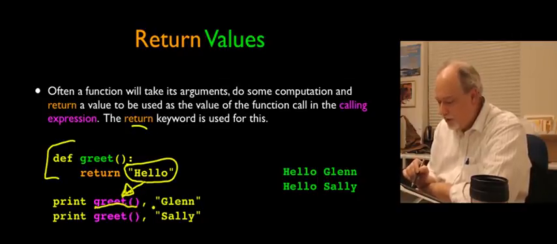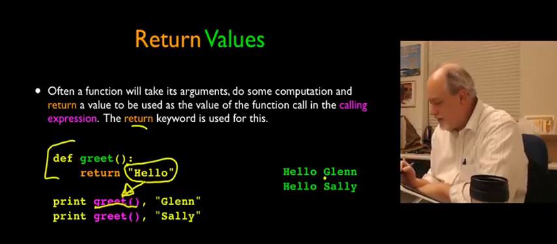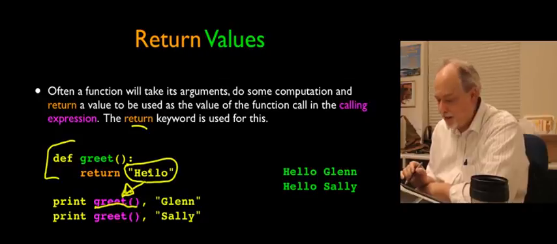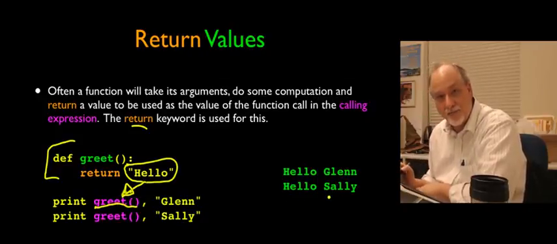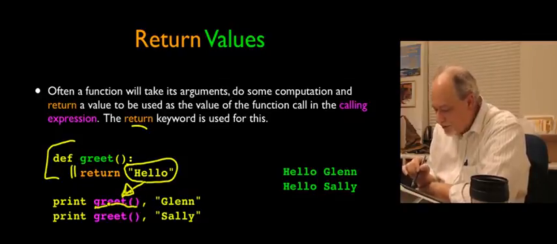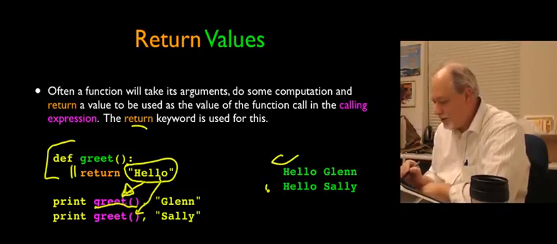So if we say print greet comma Glenn, it says hello Glenn, because the return value for the greet function is the string hello. And if we say greet Sally, it says hello Sally. And so it's run the code twice, and the return value has been put in here instead. And so the hello came there and the hello came there, so we get the two lines.